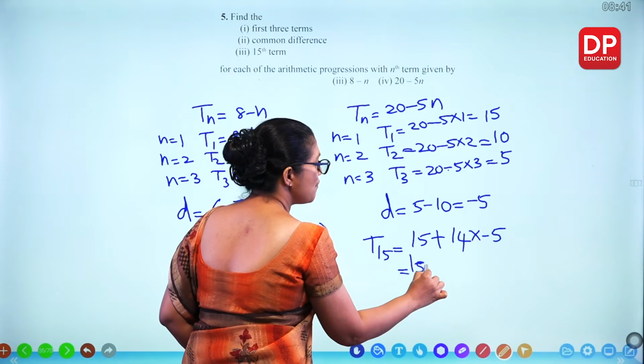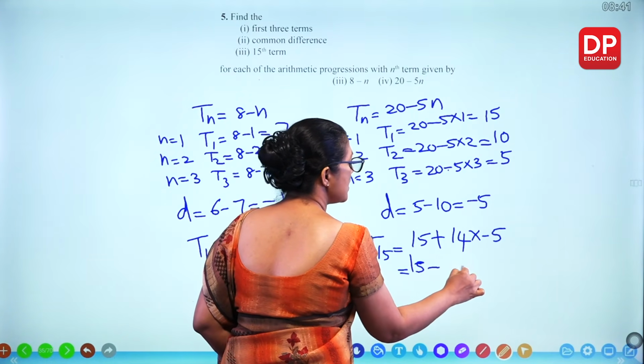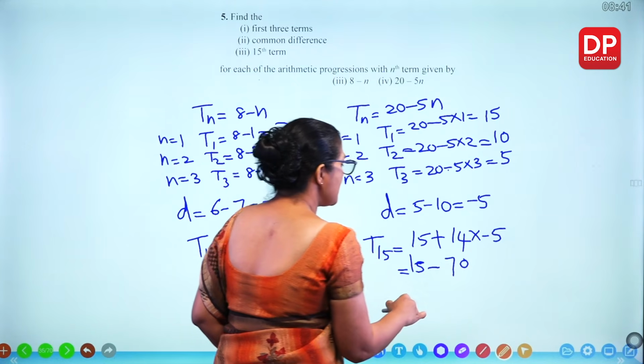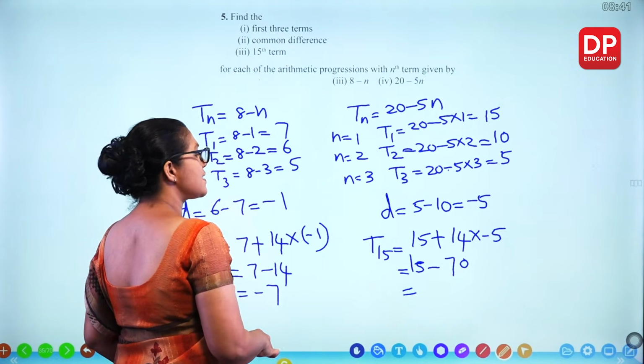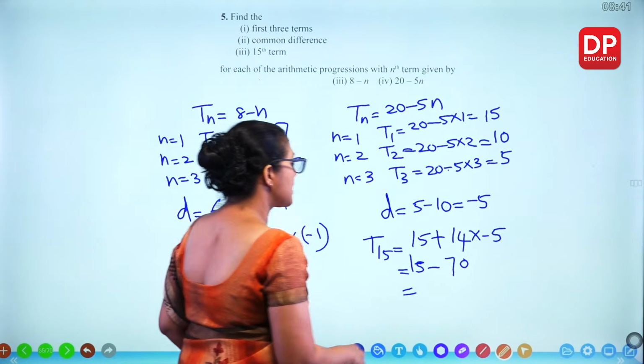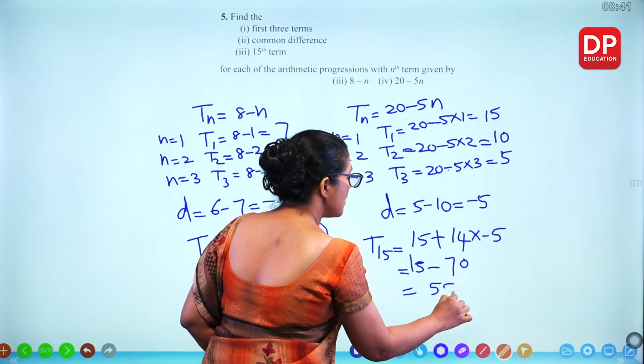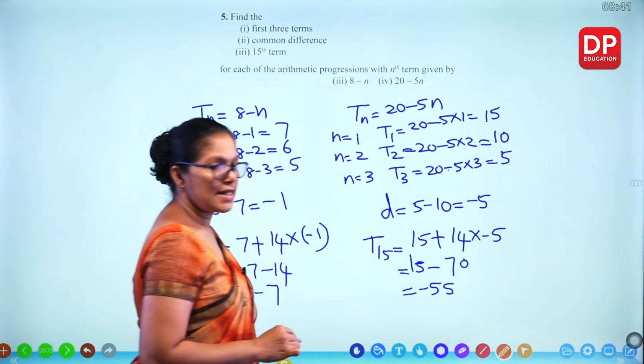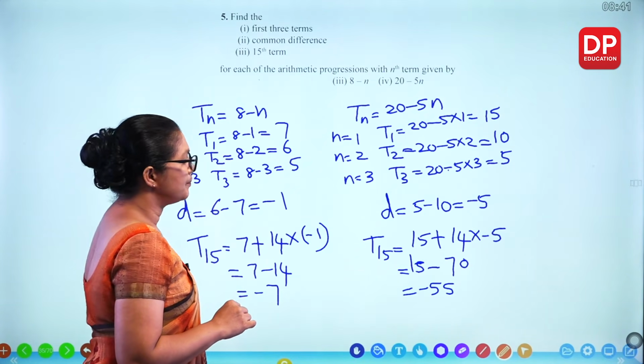So I get 15 minus 70. So what is 15 minus 70? You get 55, that's minus. So minus 55.